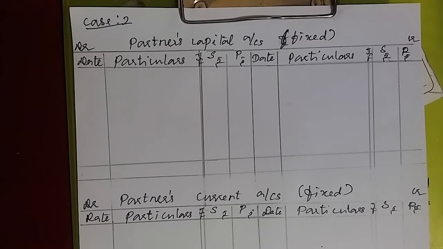Either fluctuating or fixed, any one you have to do. I am doing both for your understanding, so that if I compare these two methods for the same problem, you can understand better.